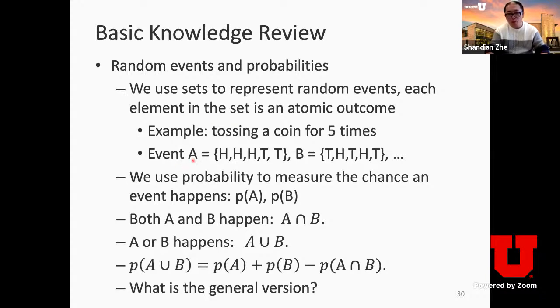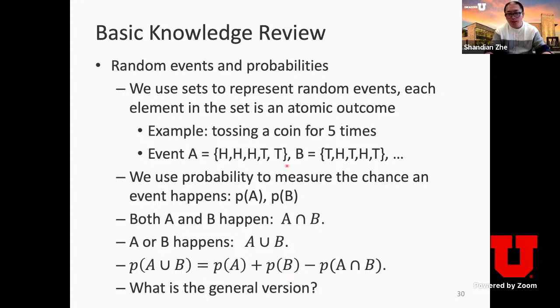One event will be that you toss the coin 5 times and end up with heads in the first 3 tosses and tails in the remaining 2. Another event will be tail, then head, then tail.